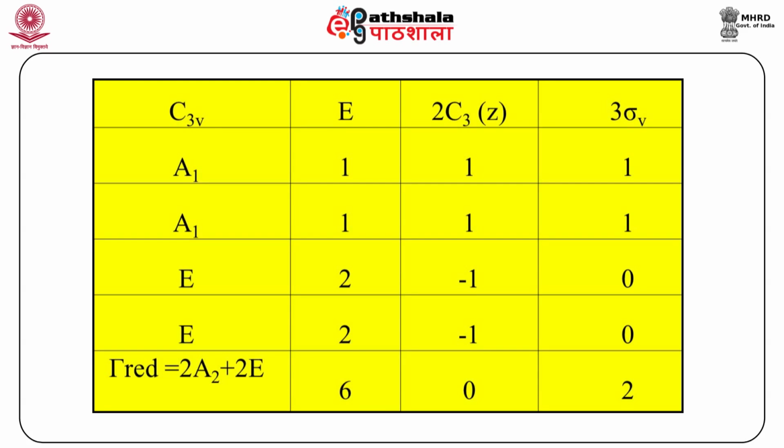How can I verify this result, whether my reduction is correct or not? We can verify by adding the characters for 2 times A1 plus 2 times E. Thus, column addition gives the character of tau reducible representation. We look at the table of C3V. I have written here A1 2 times, and E 2 times, and I take the character of E: 1, 1, 2, 2, and addition gives me 6.